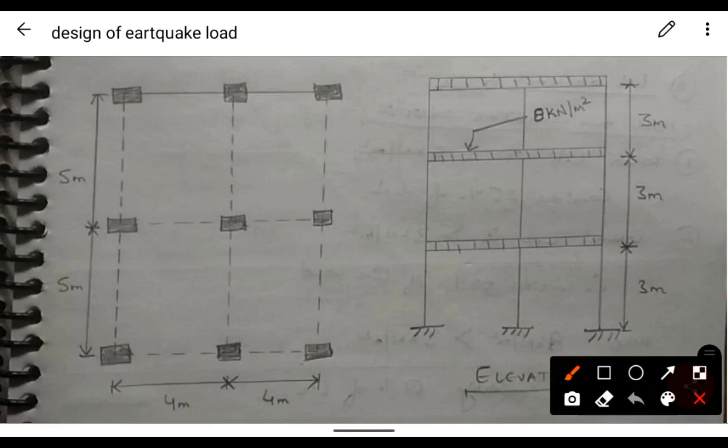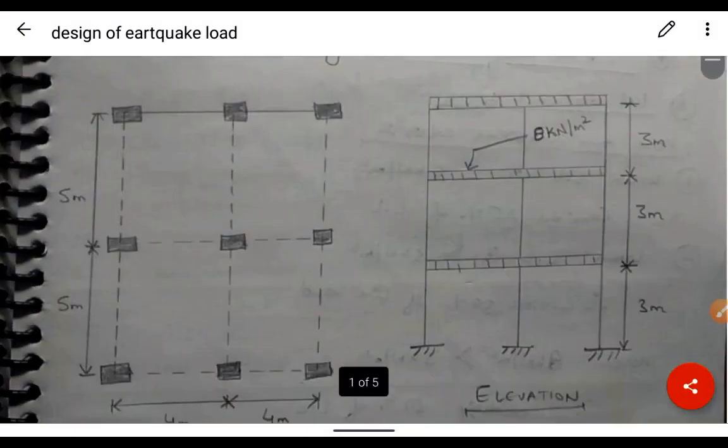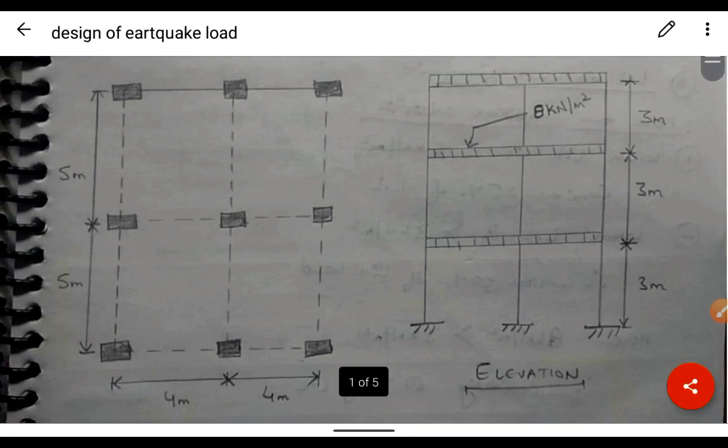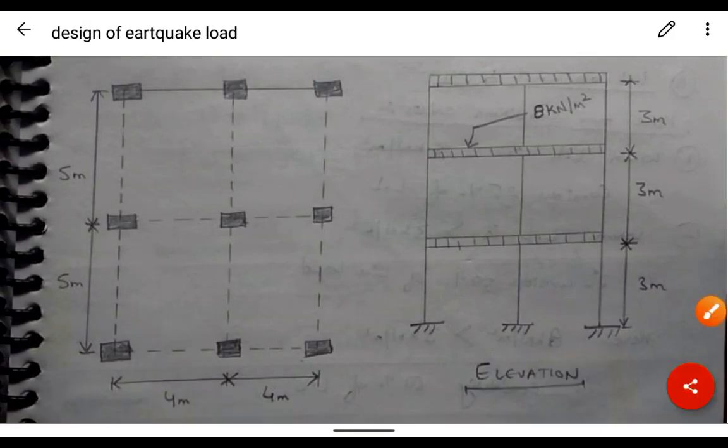Now from this figure you can see that this is the plan and this is the elevation. From the plan we came to know that the lateral width of this building is 5 and 5, that is total 10.